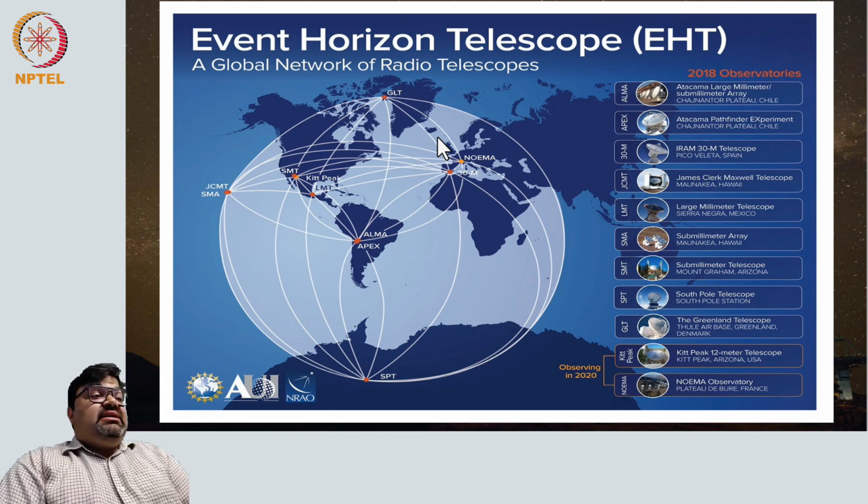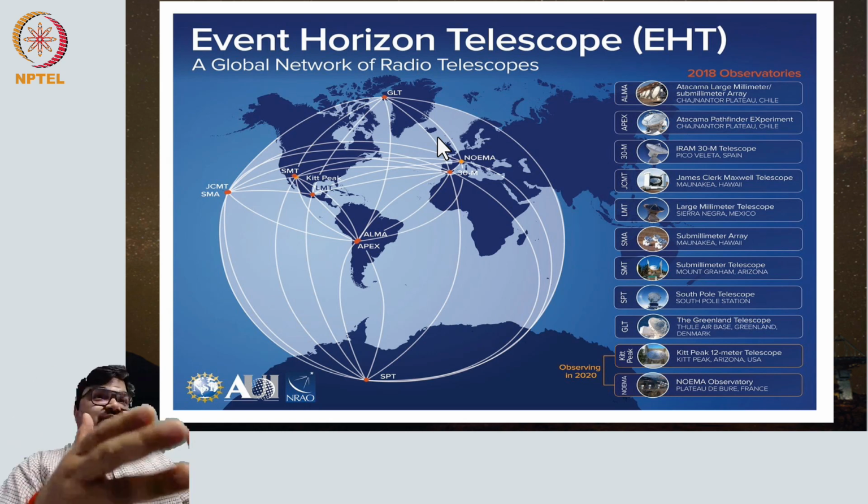Another important one, although at a somewhat higher frequency range, but contextual for this particular course, is this telescope called the Event Horizon Telescope. This is not a single telescope. Again, as we said, the longest distance determines your resolution.